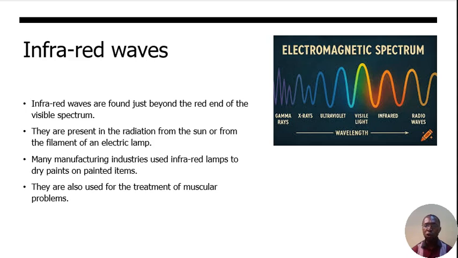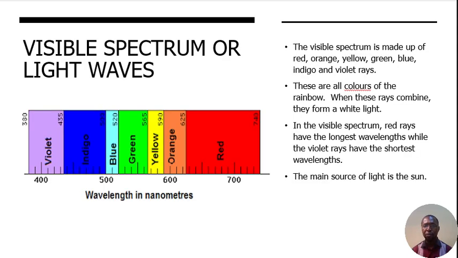All right, so after the infrared, there comes the visible light. The visible light itself has its own spectrum, which is 7 in number. In the visible light, we can find the red, the orange, the yellow, the green, the blue, the indigo, and the violet rays in it.